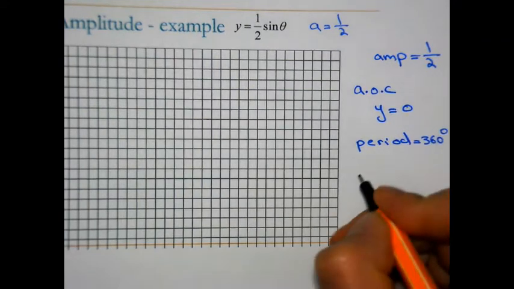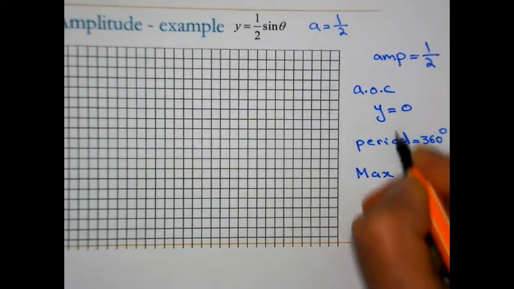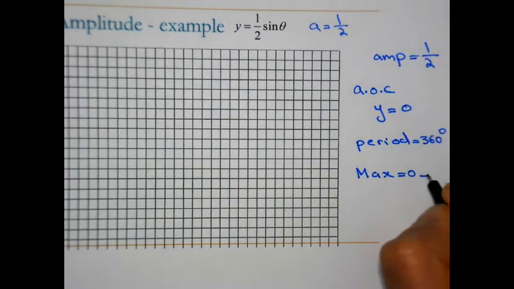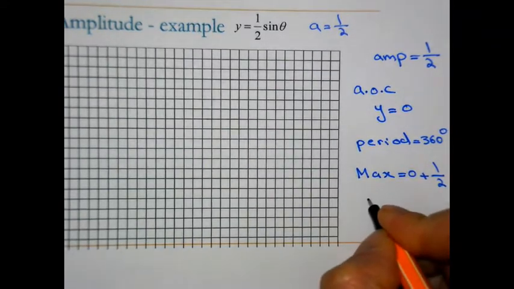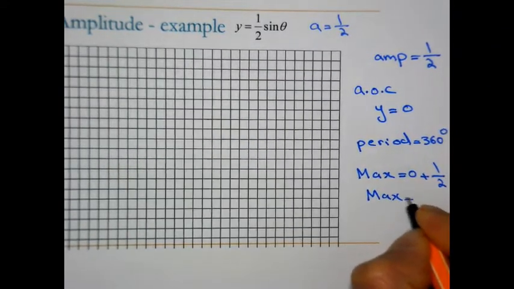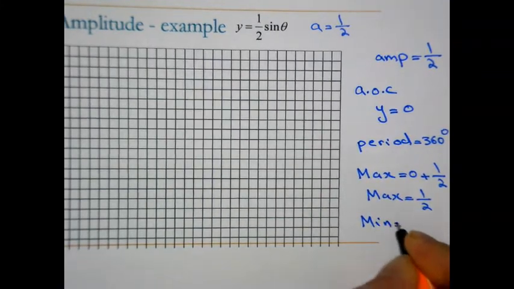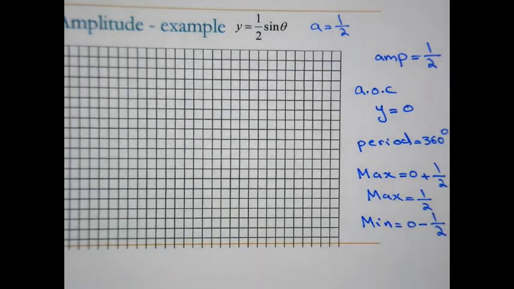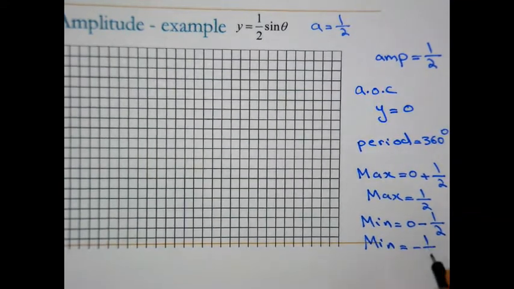Now, in order to find the max and min, it is wherever axis of curve is plus the amplitude. So your max will be at 1/2, and the min is where axis of curve is minus the amplitude, so min is -1/2.